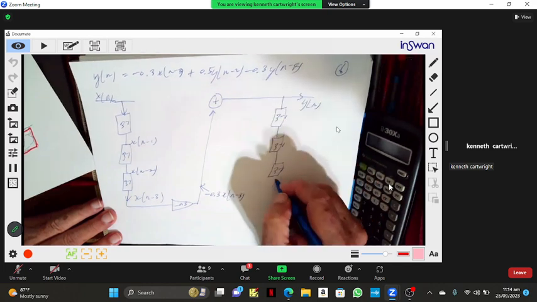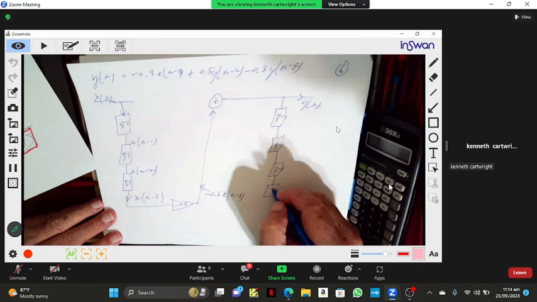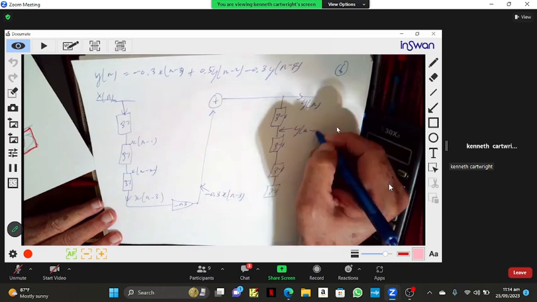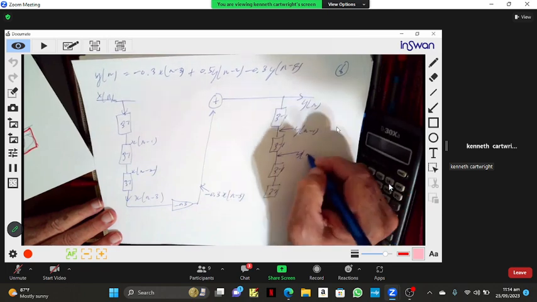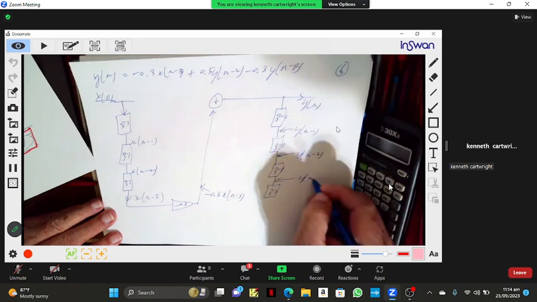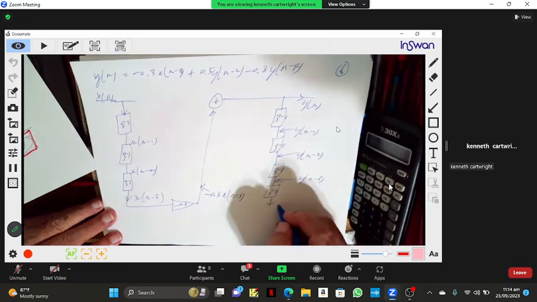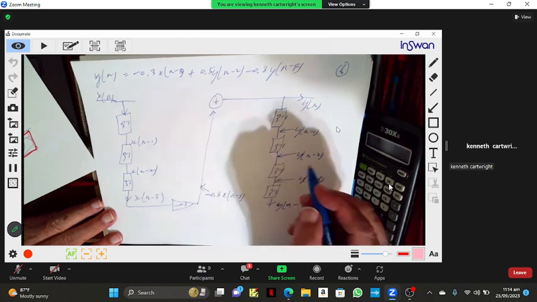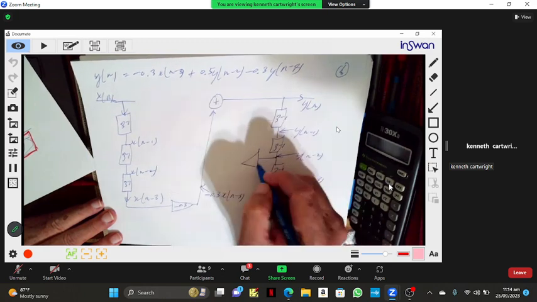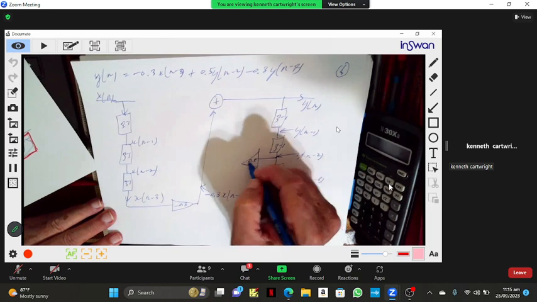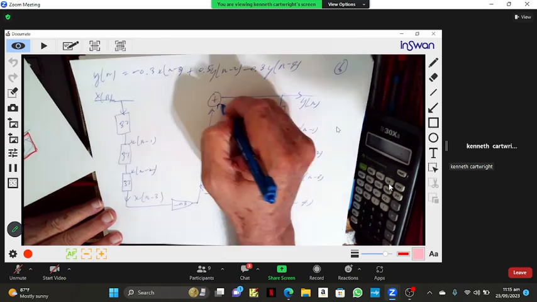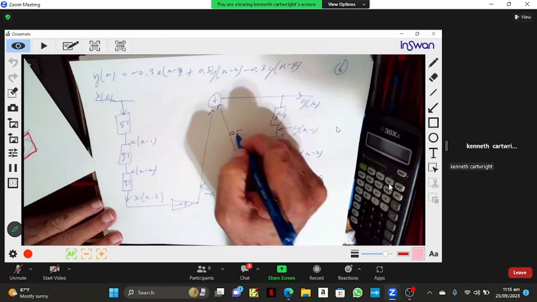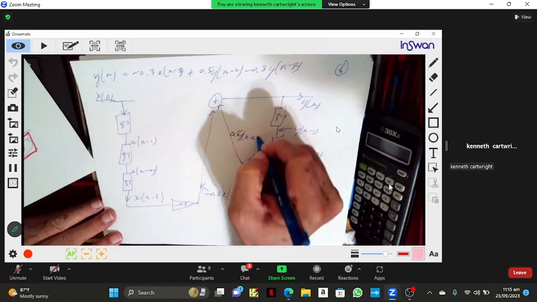Right here is y of n minus 1, y of n minus 2, y of n minus 3, and right here, y of n minus 4. And at y of n minus 2, we need the coefficient 0.5, and that goes up here. This 0.5 y of n minus 2.